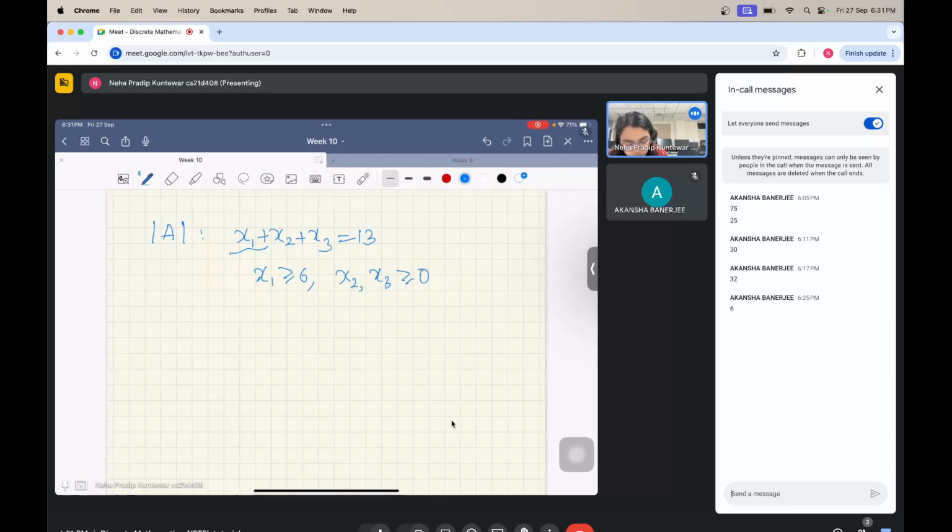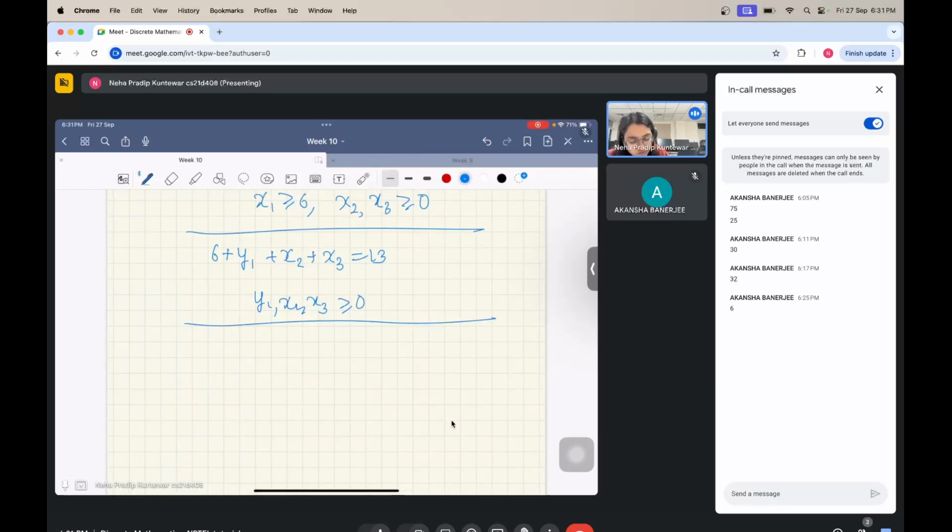You can think of this as 6 plus y1 plus x2 plus x3 is equal to 13, where y1, x2, x3 are all greater than or equal to 0. Why did I do this? I know that x1 is at least 6, so I can think of this as 6 plus something non-negative, and that would mean that you are essentially finding the number of solutions for y1 plus x2 plus x3 equal to 7, where y1, x2, x3 are at least 0.